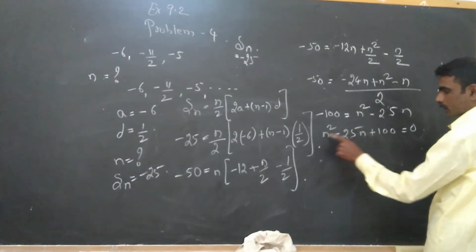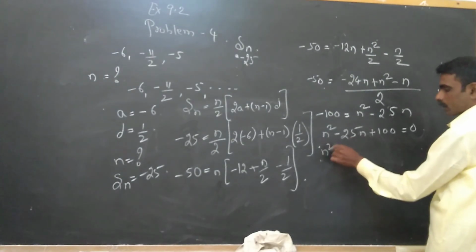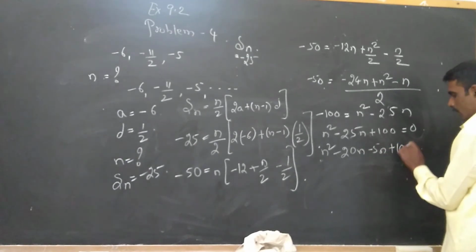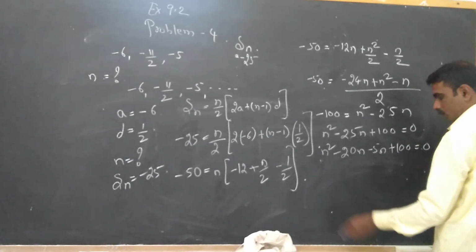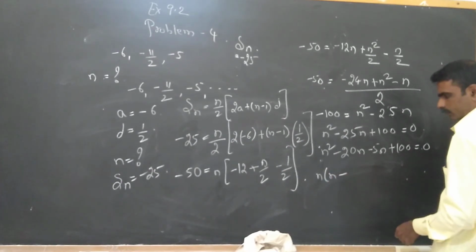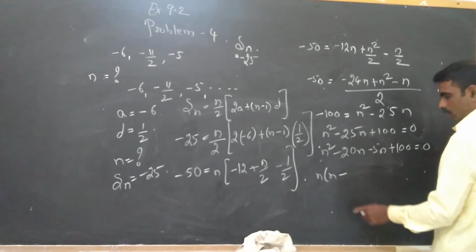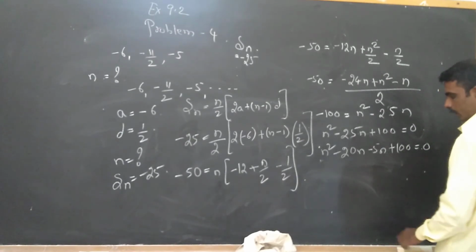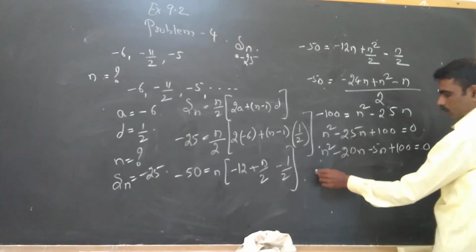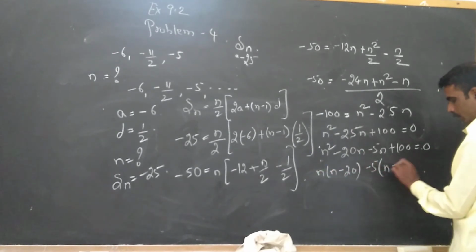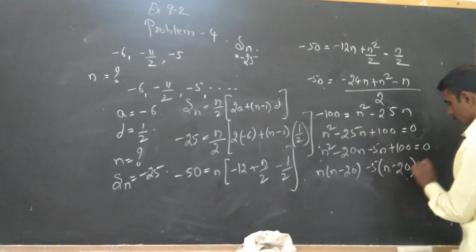So n square minus 25n plus 100 is equal to 0. So it is n square minus 20n minus 5n plus 100 is equal to 0. So n into n minus 20 minus 5 into n minus 20 is equal to 0.